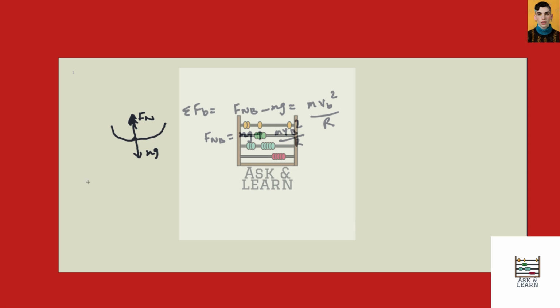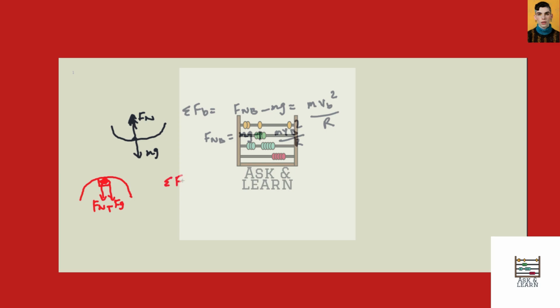Now at the top of the loop, we have the roller coaster in this condition here. The forces are the normal force at the top, and the force of gravity vector, Fg, which is equal to mg.